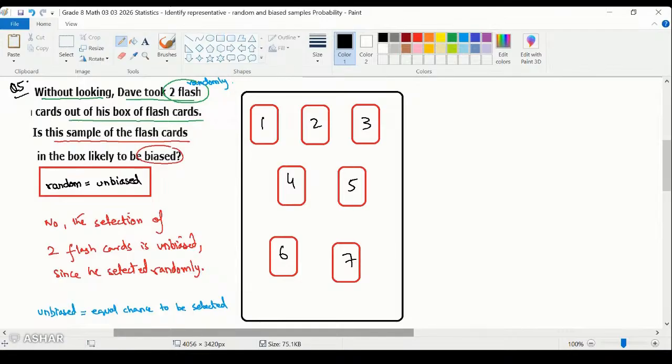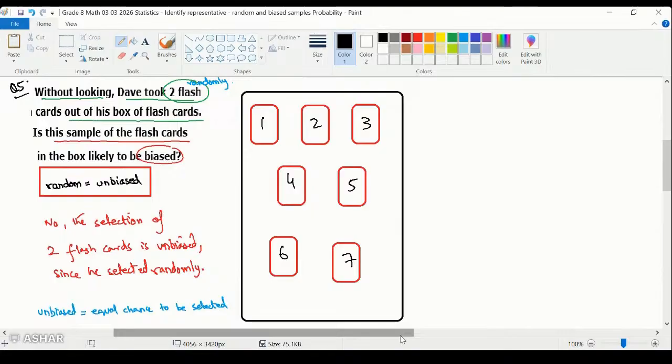So that is a random selection, right? Because you had a choice of 7 cards. From the 7 cards, you can select any 2 cards. That is your choice, right? I'm not telling you that you have to pick a card that is a multiple of 3.